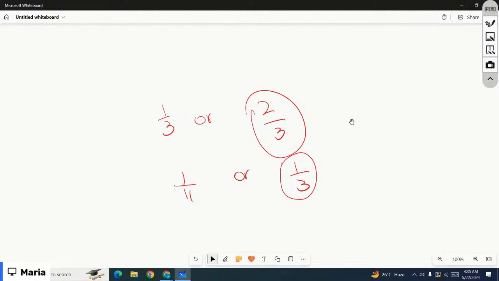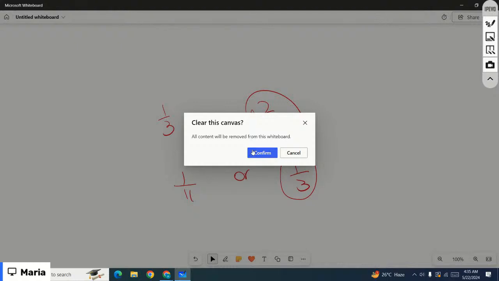Okay, the next one is 2 by 11 or 2 by 5? Which is less? The correct option is 2 by 11. 2 by 11 is less than 2 by 5, right?